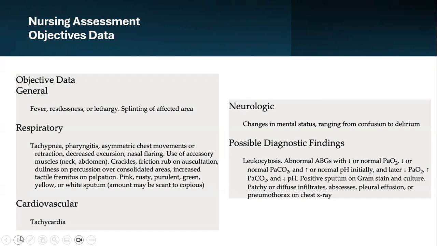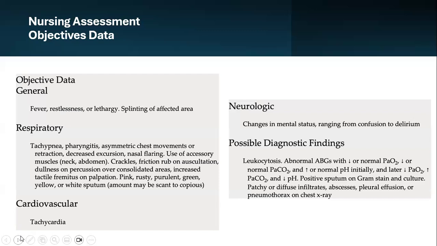For the respiratory system, you may find the patients having tachypnea, pharyngitis, maybe asymmetric chest movements, decreased chest expansion, nasal flaring, and also use of accessory muscles to breathe. You can hear crackles and friction rub on your auscultation, and you can feel dullness on percussion over consolidated areas, and also increased tactile fremitus on palpation.